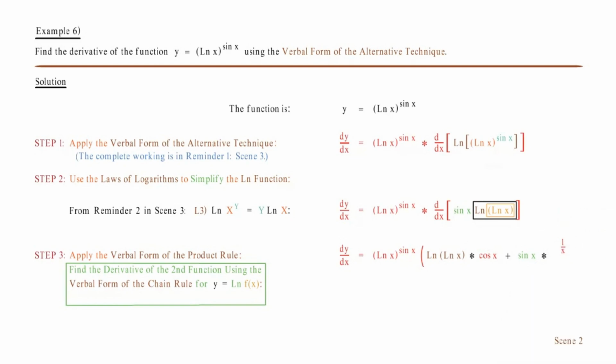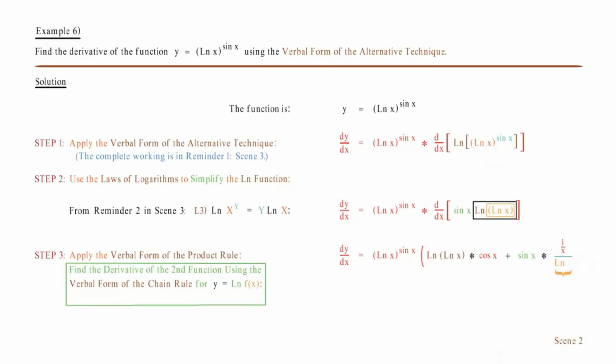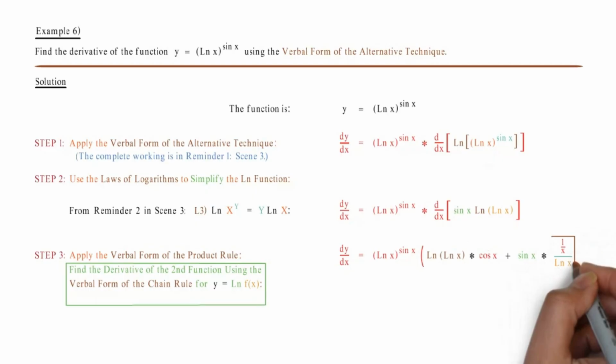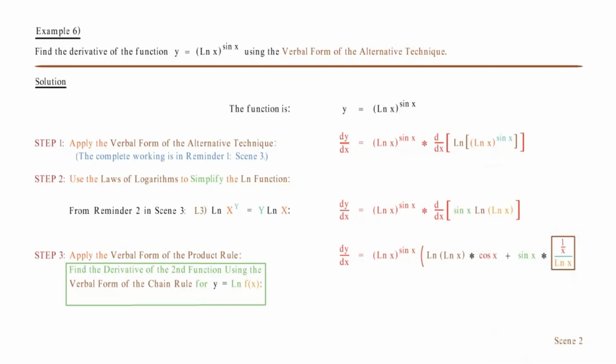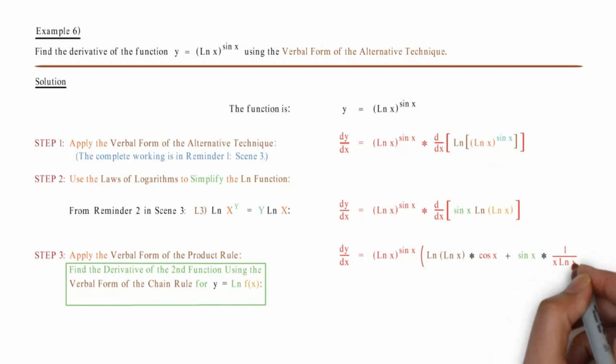Divided by is divided by. The argument of ln, as before, is ln of x. And 1 over x divided by ln of x is 1 divided by x ln of x.